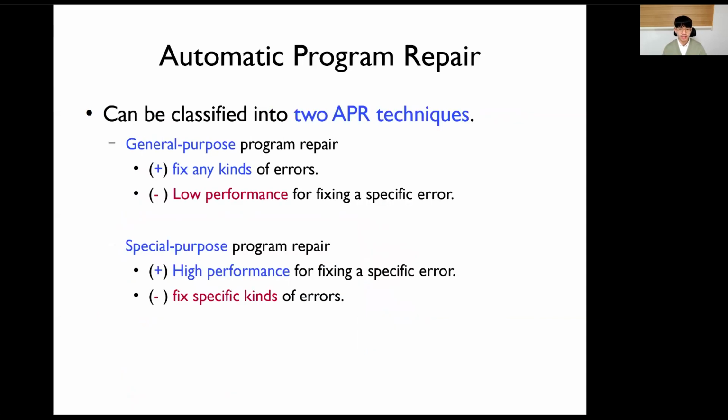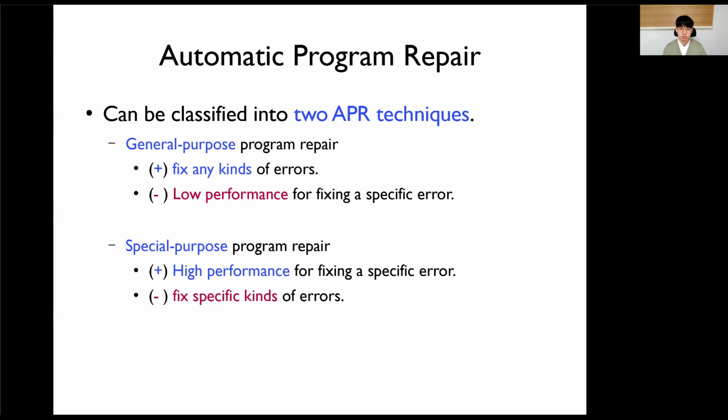So APR techniques have received an increasing amount of attention from both industry and academia in the last decades. At a high level, we can classify these techniques into 2 approaches: general purpose program repair and special purpose program repair.